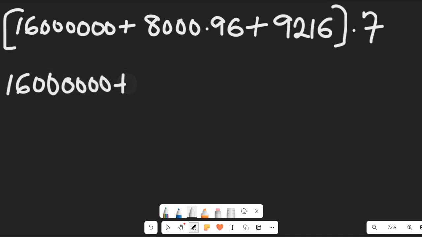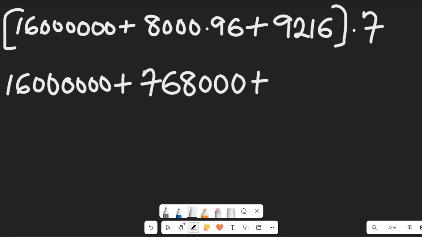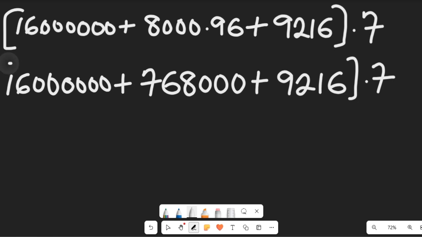So if we do this, we are going to have this expression give us 16,000,000, right? Plus this times this will give me 768,000, because we have 3 zeros, plus this is going to give me 9216, and all of these will be multiplying 7, right? Now what I'm going to do is add all of these.